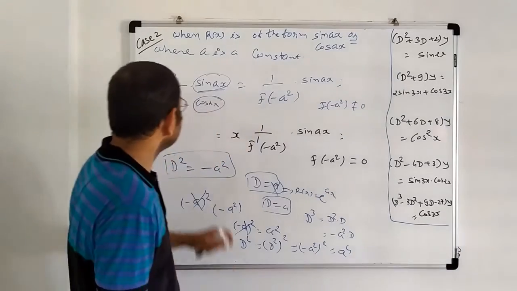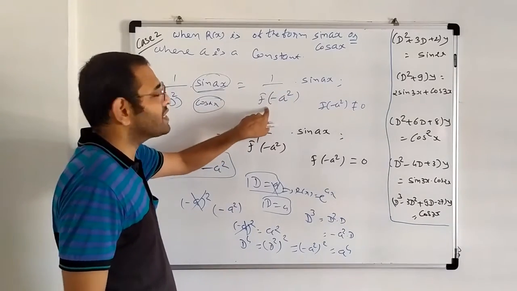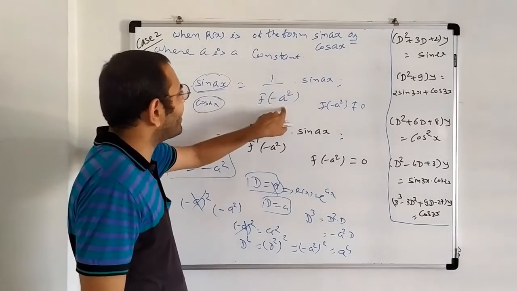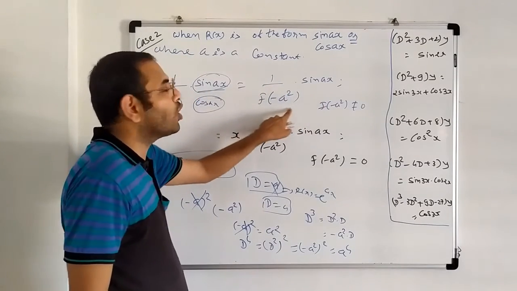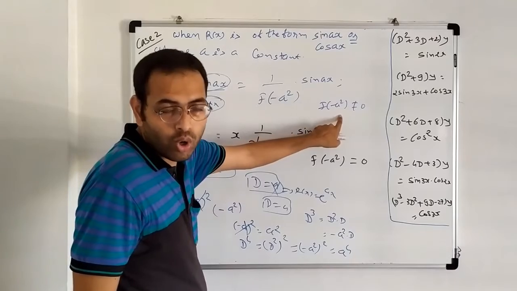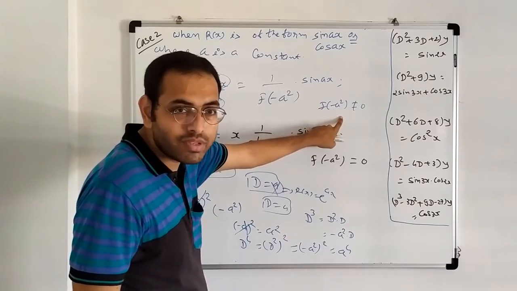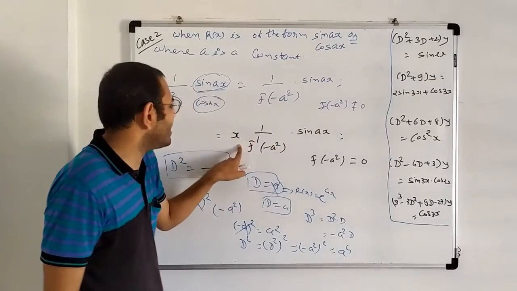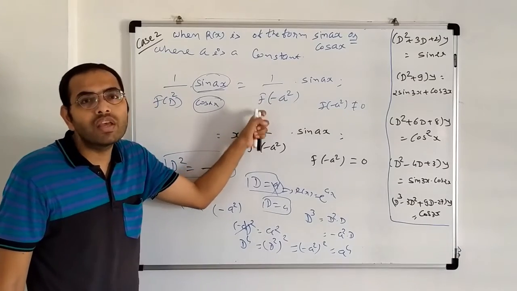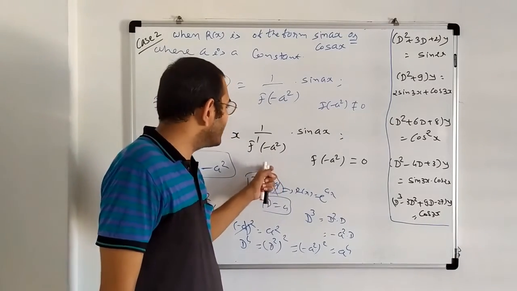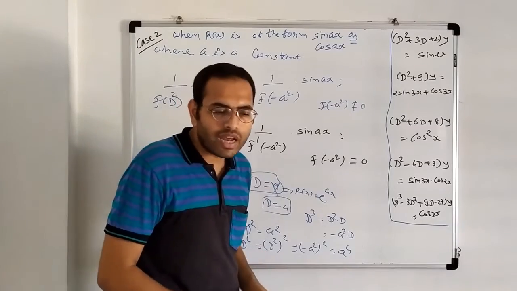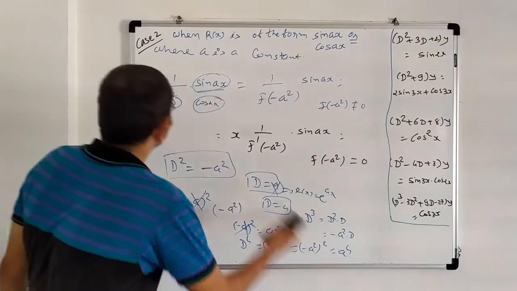Clear? If we replace D square by minus a square, then f of minus a square times sin ax, provided the denominator is not equal to 0. If the denominator becomes 0, then multiply by x and take the derivative of the denominator term, and again replace D square by minus a square. Clear? Let us start with one example.